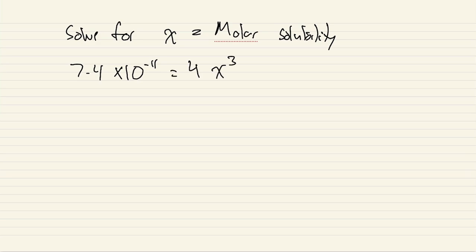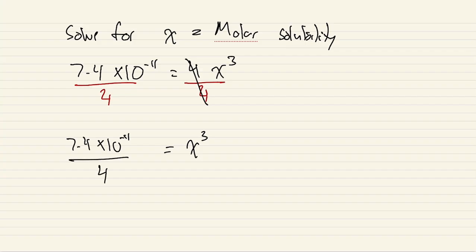How do we solve for this? Divide both sides by 4. The 4 cancels out on this side. We get x to the third equals 7.4 times 10 to the minus 11 over 4. And what do we do from here?